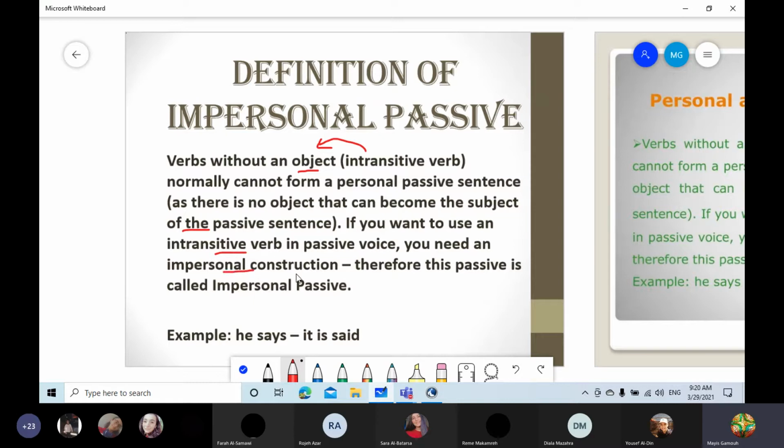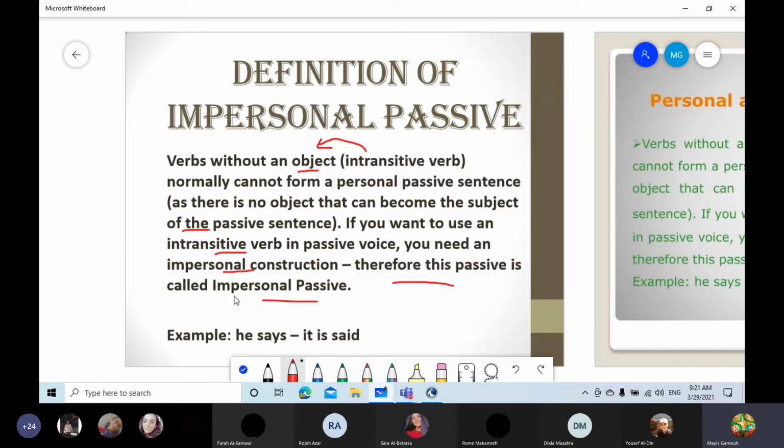I need to insert a subject, which is called an impersonal construction, in order to form my impersonal passive. Therefore, this passive sentence is called impersonal passive.